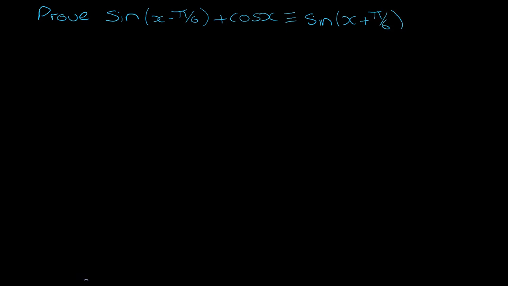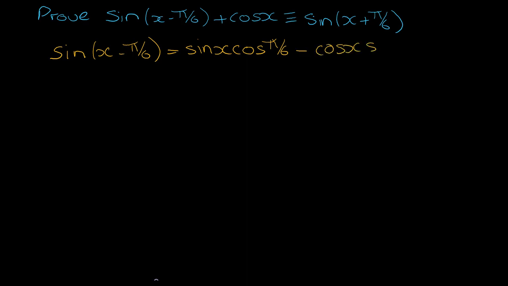Prove that sine(x minus pi over 6) plus cos x is equivalent to sine(x plus pi over 6). Using the addition rules, we find that sine(x minus pi over 6) equals sine x cos pi over 6 minus cos x sine pi over 6.